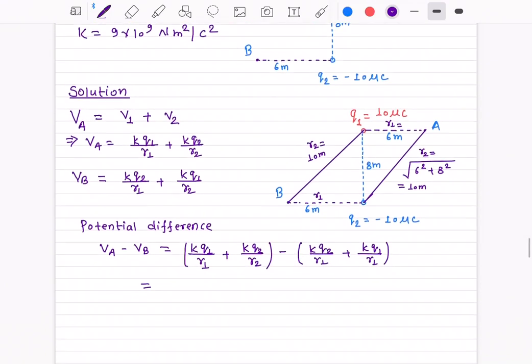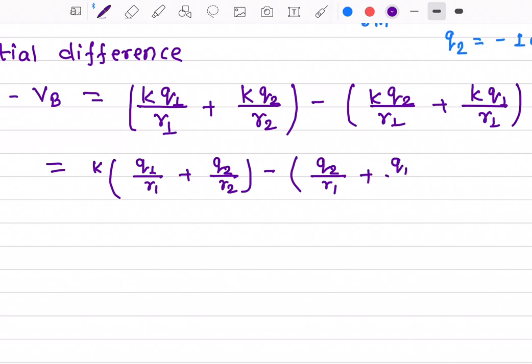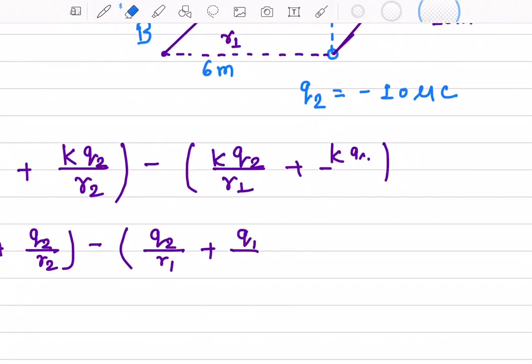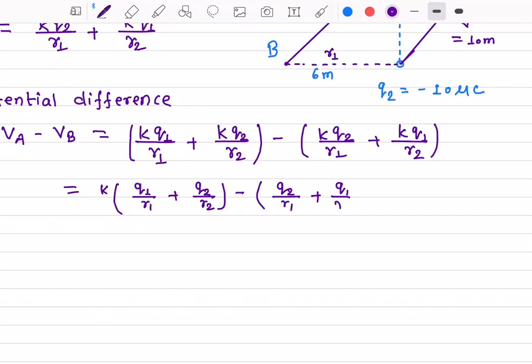That's the value of K. So if I take K out, I'm left with Q1 divided by R1 plus Q2 divided by R2 minus Q2 divided by R1 plus Q1 divided by, I think it should be R2 here. This is R2. So Q1 divided by R2.